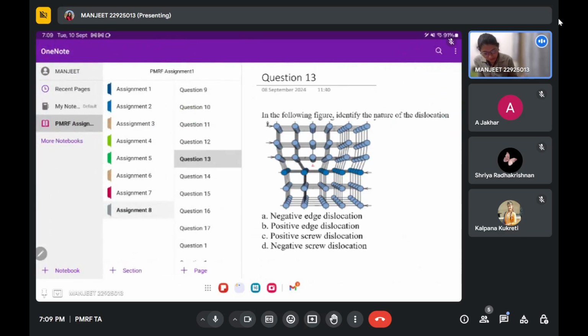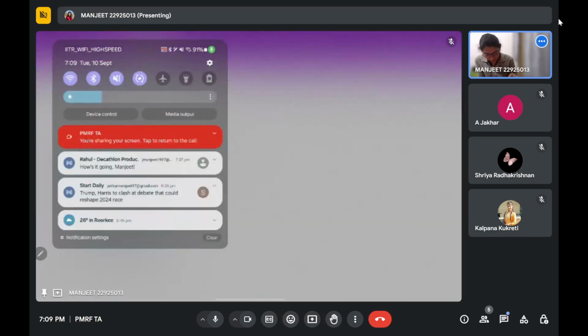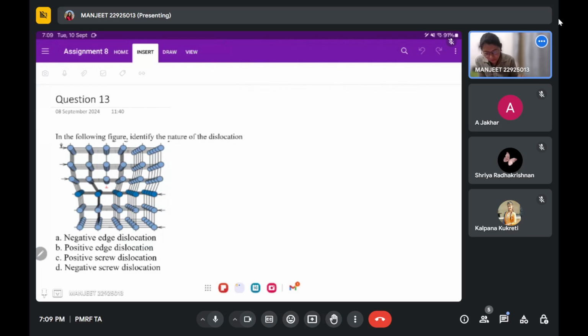Question number 13. In the following figure, identify the nature of the dislocation. We know that we have two kinds of dislocation: one is the edge one and another is the screw one.